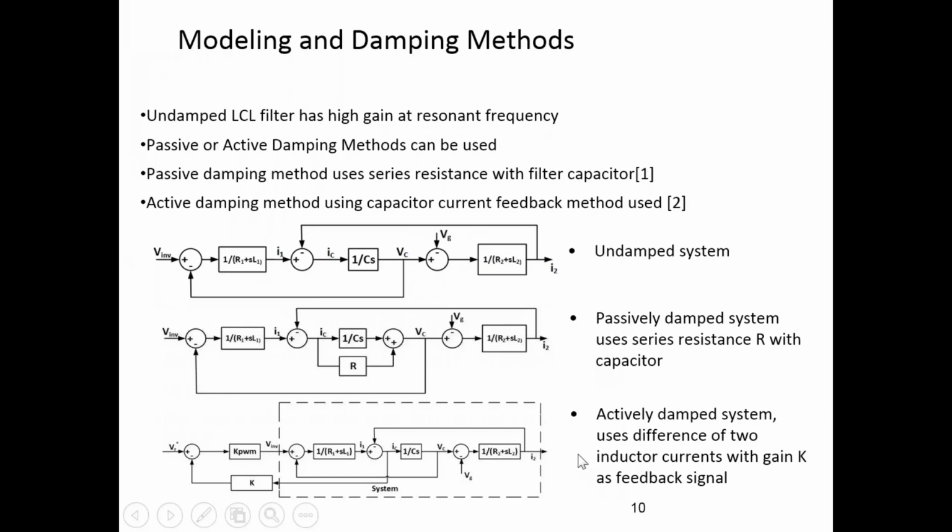And again, what we are looking for from a very simple research question is this: going from undamped to a passively damped system is pretty easy, but going from there to the active damping part of it, we have a few different ways of doing it, and we want to very quickly come to a conclusion on pros and cons.